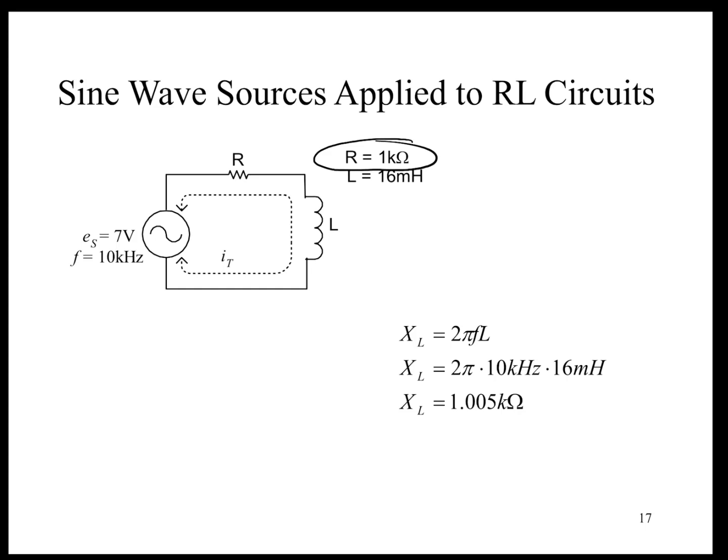We can calculate a value of XL based on our angular velocity or our frequency, and notice we have to pay attention that we've got a frequency of 10 kilohertz here for the purposes of this exercise. And we can calculate the XL value now. But because it's series, we know we can add those oppositions up directly.